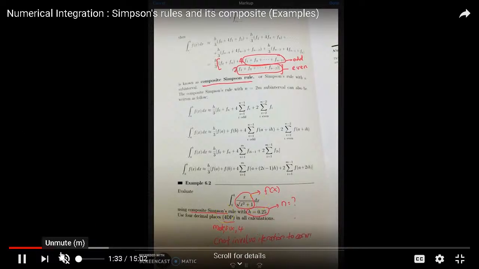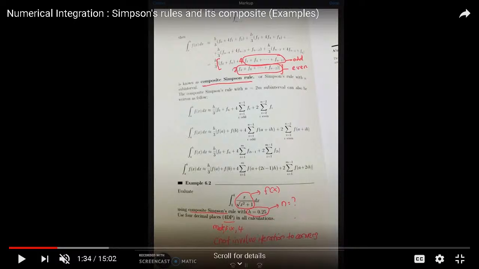The question here is we want to find the integral between 1 to 4 of x divided by x squared plus 1. This is your f(x). Using Simpson's rule where h is 0.25, n is 4 minus 1 divided by h, 0.25.